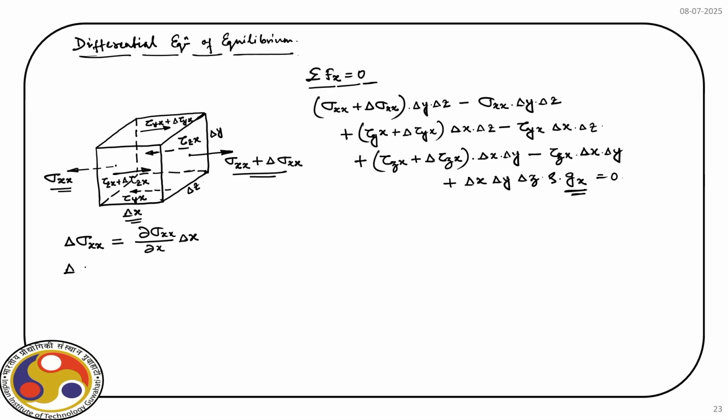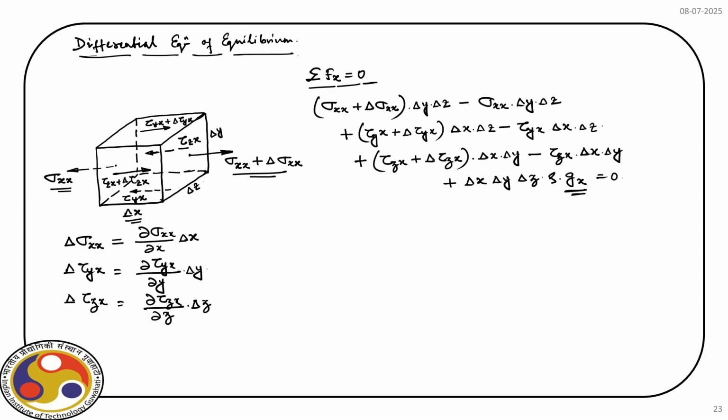Similarly, delta tau yx is equal to the differential of tau yx with respect to y over the length of delta y, and then delta tau zx is equal to differential of tau zx with respect to z times the length over which we consider the variation. So, this is delta z. Okay.